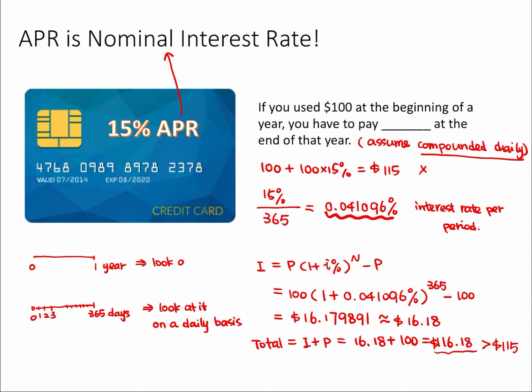But somebody still wants to look at it on a yearly basis. Okay? So somebody still wants to just compound it once. And you have some present value of 100, right? And you want to just compound it once, and you want to get the same value as the 116.18.